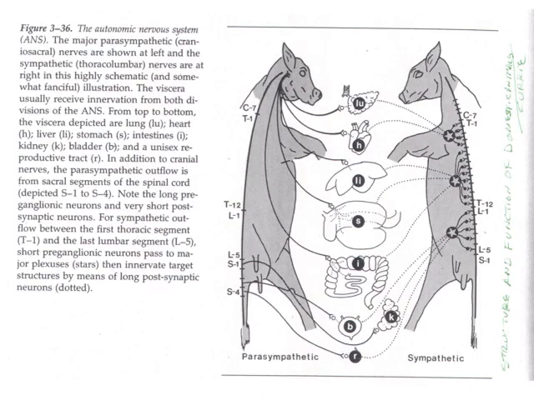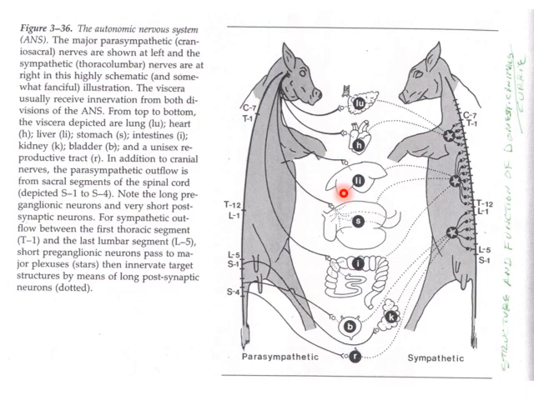If we think about our animal here, I think it's supposed to be a cow given the udder, but to me it looks like a pig. Again, the sympathetic is going to have the short and then long. The parasympathetic is going to have the long and then short, right next to the target.